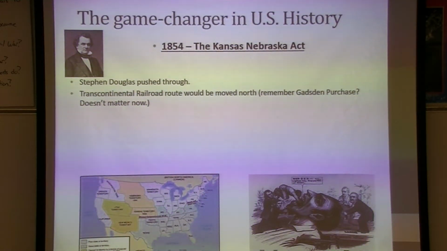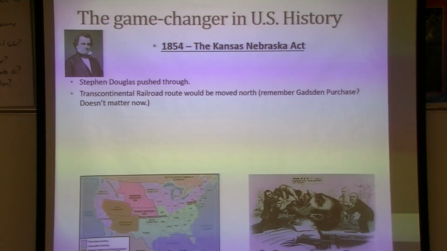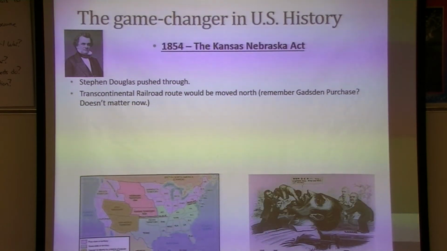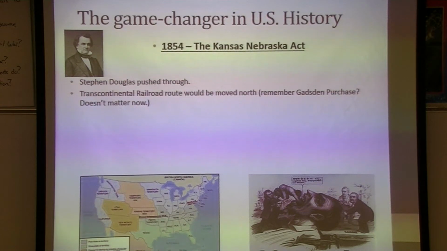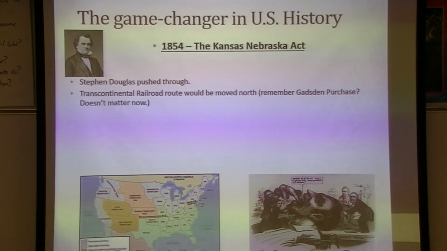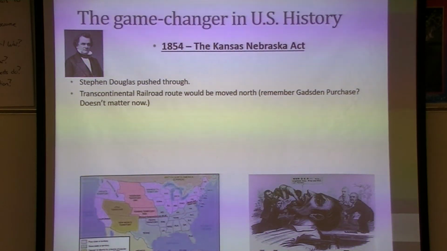The Transcontinental Railroad that was supposed to go through the south from the Gadsden Purchase will now be pushed to go through the north. And its terminus will end up being close to this little town that you may have heard of called Chicago. He figured if the railroad ended there, and we linked together the Great Lakes with the Western Railroad, that Chicago will become a major city, which is where our second city, as it became known later on, will emerge from.